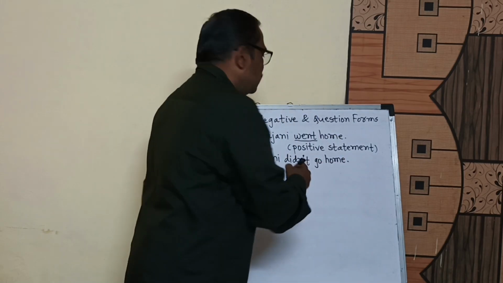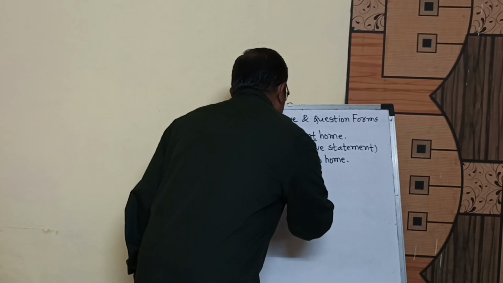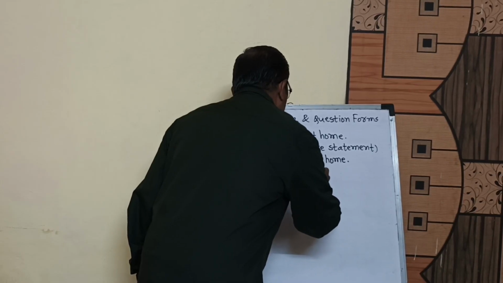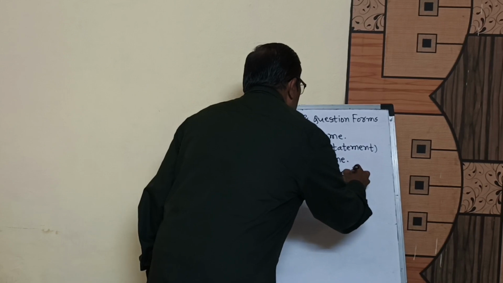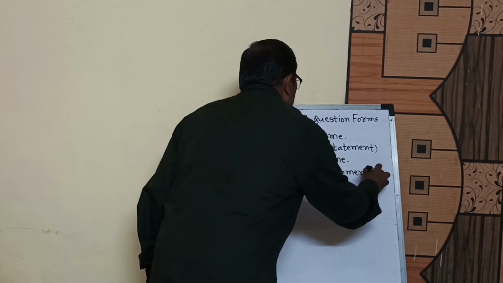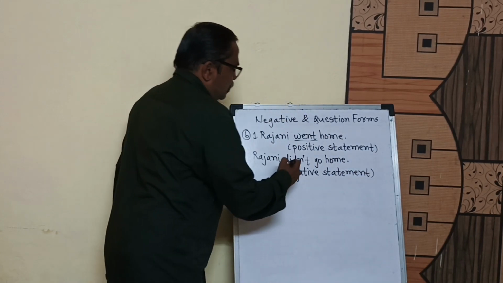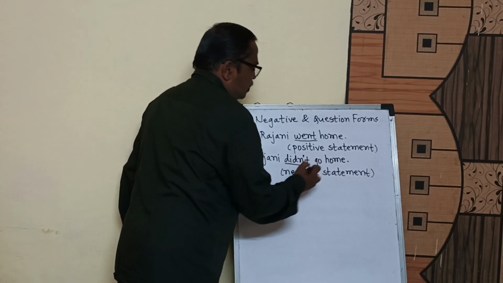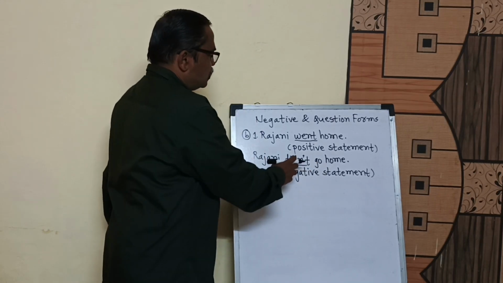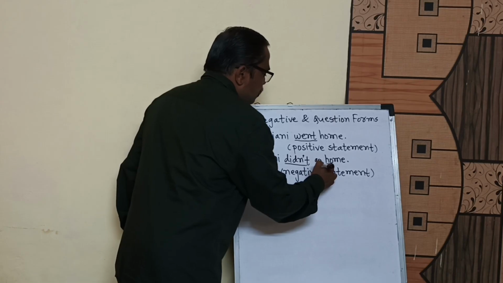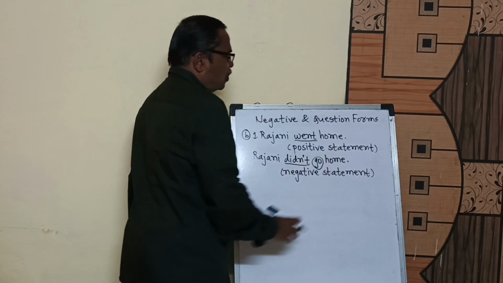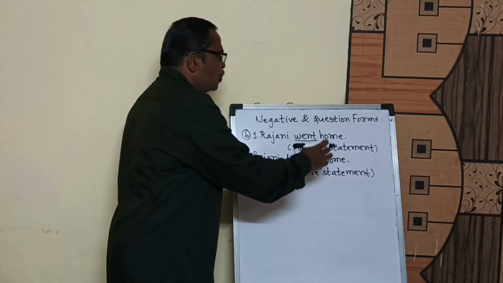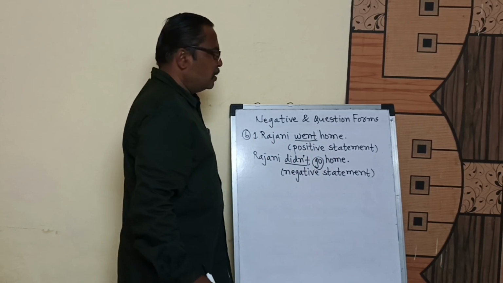This is a negative statement. We have taken the auxiliary verb of to do, that is didn't, and afterwards the V1 form, that is go, of the main verb went.